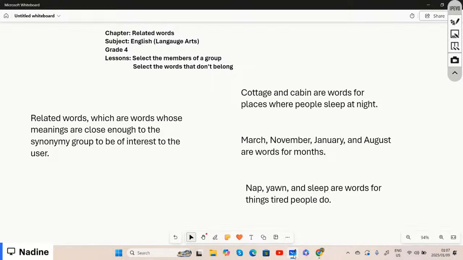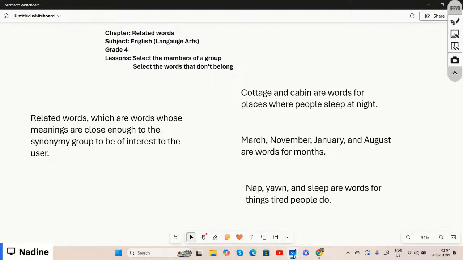Related words are words whose meanings are close enough to the synonymy group to be of interest to the user, meaning it's almost like they have grouped the words. And then you have a group of synonyms that relates to what the actual group of words are about.